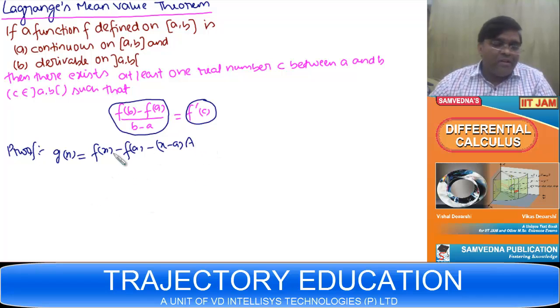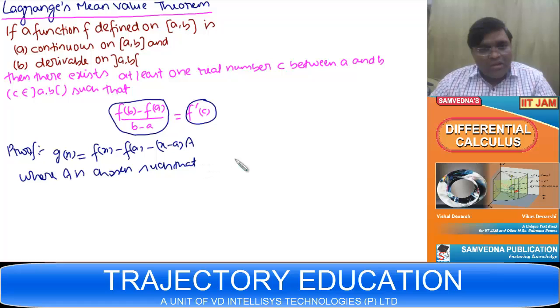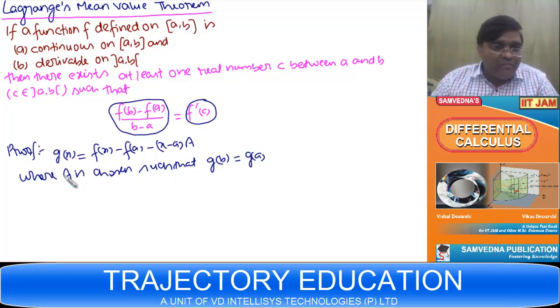Let's take this function where A is chosen such that g(b) is equal to g(a). I am choosing A such that g(b) is equal to g(a). A is a constant which is chosen in such a way that g(b) is equal to g(a).